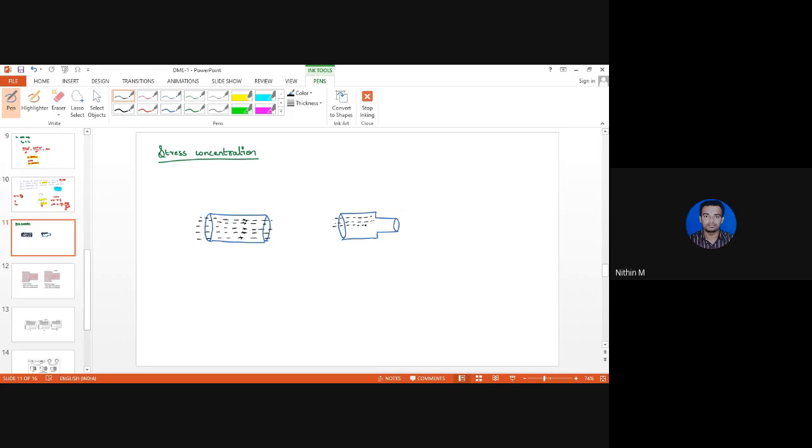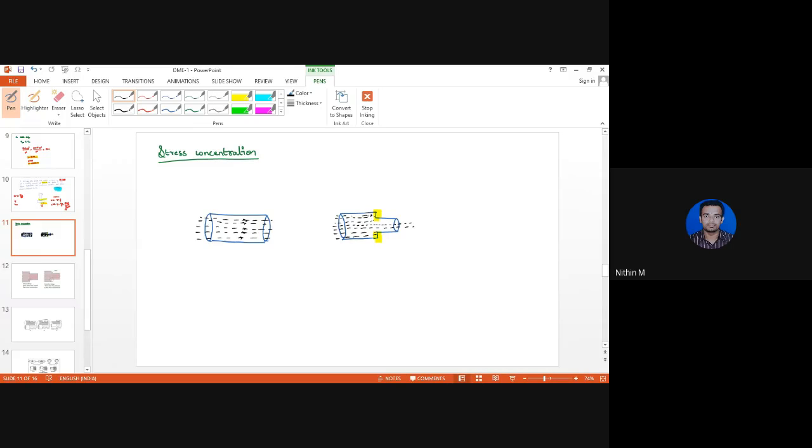This layer of water molecules is not facing any obstruction, so it will easily flow through. Even this layer will easily flow through. But the layers above as well as below this cross-sectional area have got an obstruction here. So what will happen?